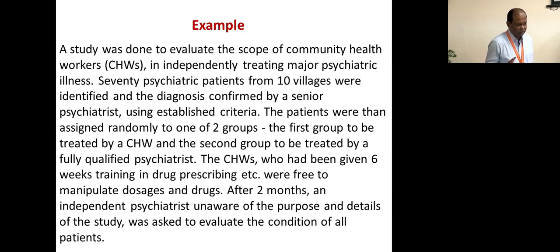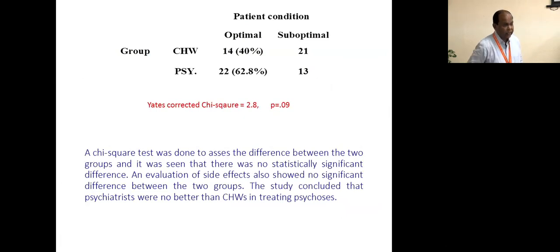So the idea is they wanted to show that community health workers treating the psychiatric morbidity is as good as psychiatrists treating the psychiatric morbidities. This is the data. Can you please look at the data and tell me what is going on? And it is not statistically significant.